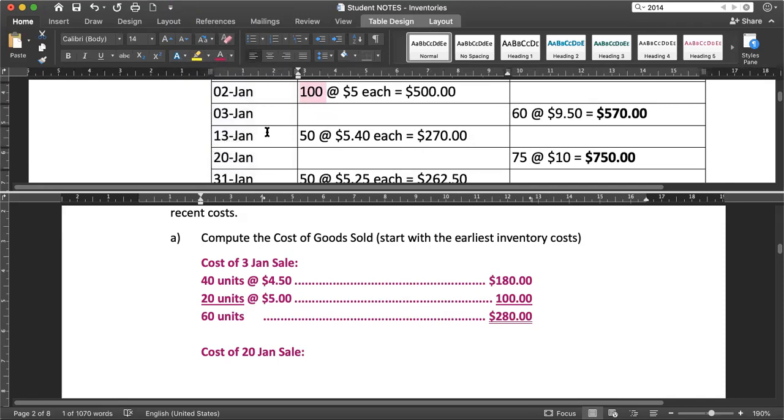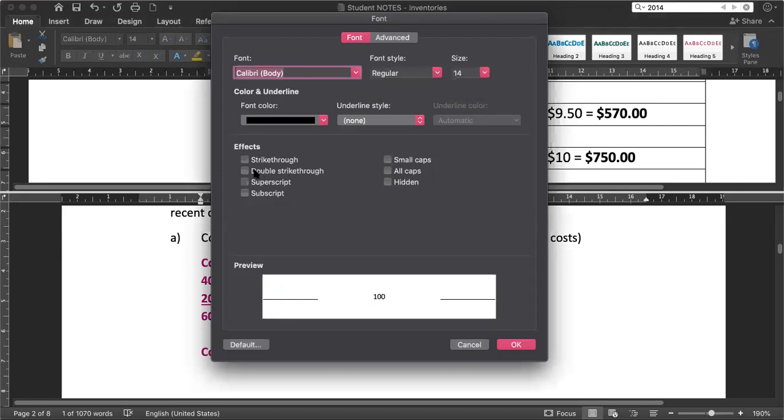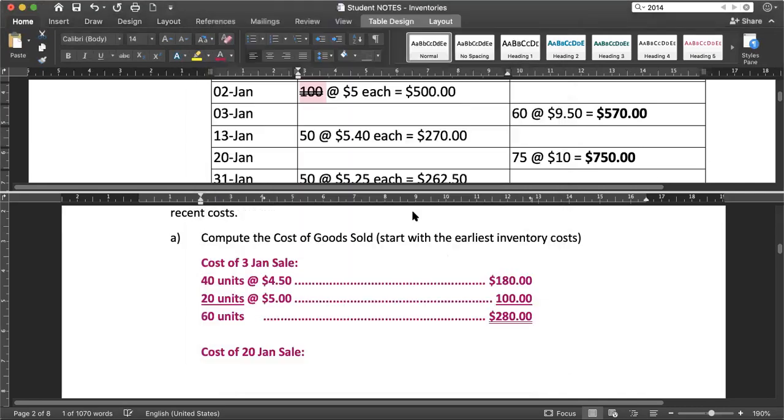After the first sale, I'll do a double strike through. The 20 of the 100 are gone, so we've got 80 left.